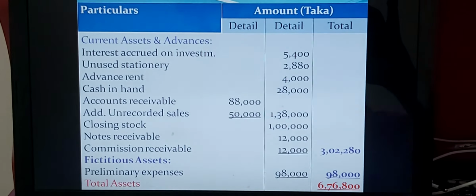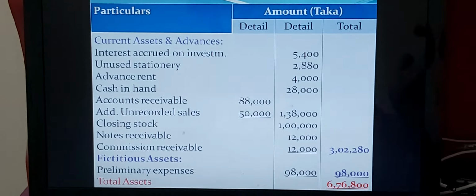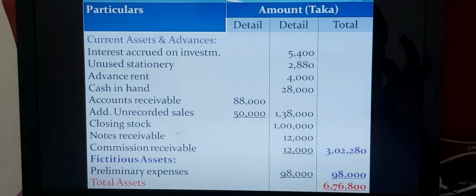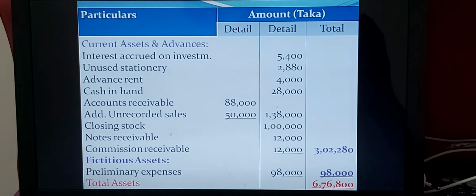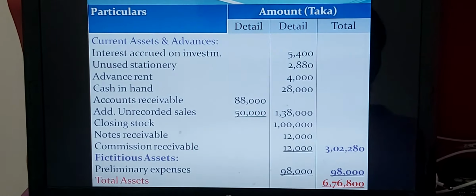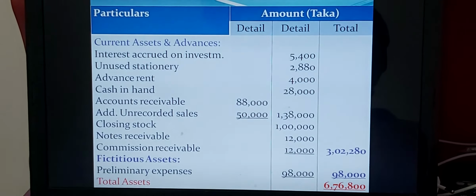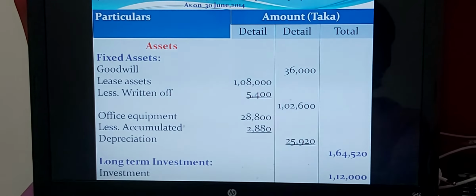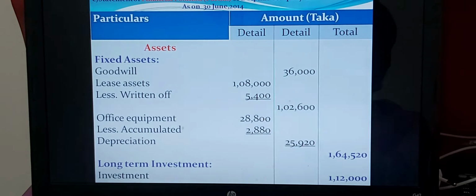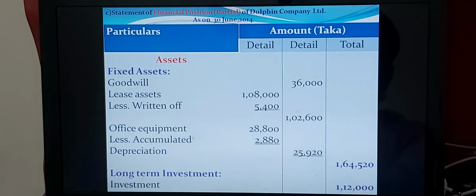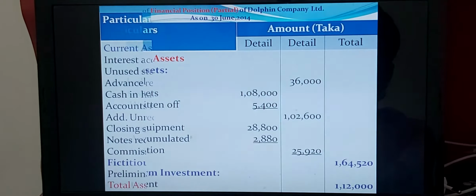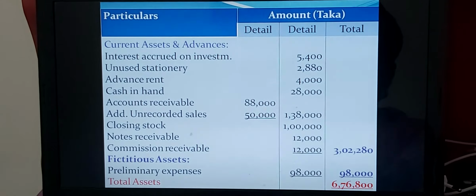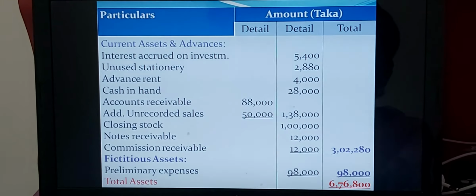You can see in your accounting copy is solved. Totally 4 heads are available in total column. Fixed asset, take 1,64,520. Long-term investment in outer column 1,12,000. Current assets and advances total 3,02,280.